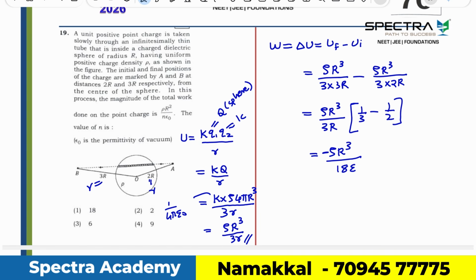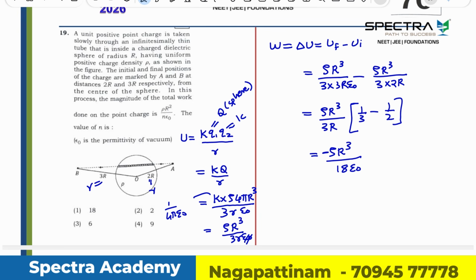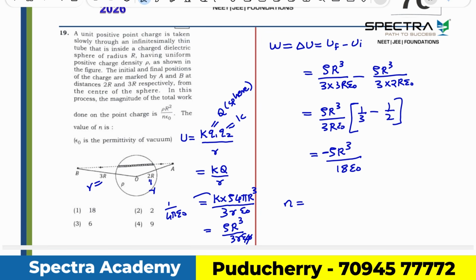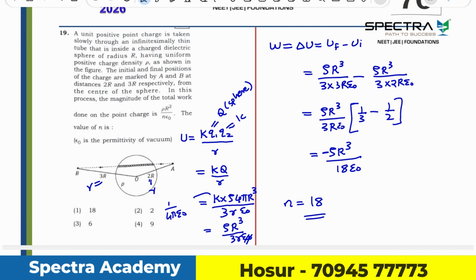One epsilon naught is there, right? I missed one epsilon naught here, it will be there. So what is the n value? The question is regarding the n value, so the n value is actually 18, which is option 1. Hope you understood this question.